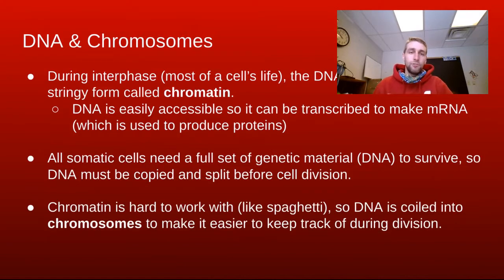Okay, DNA and chromosomes. We've talked a little bit about DNA as a molecule, but we haven't really talked about the different forms that molecule takes when it's in a cell. Usually, the DNA is in this uncoiled stringy format called chromatin, and that's because it's more accessible. It's kind of like spaghetti, like these long strands of DNA.